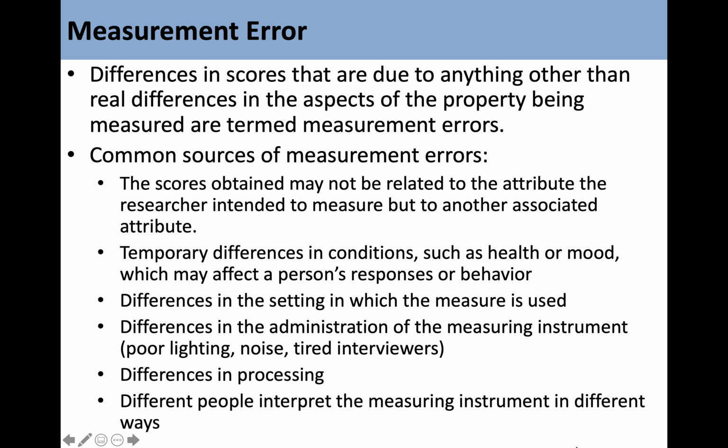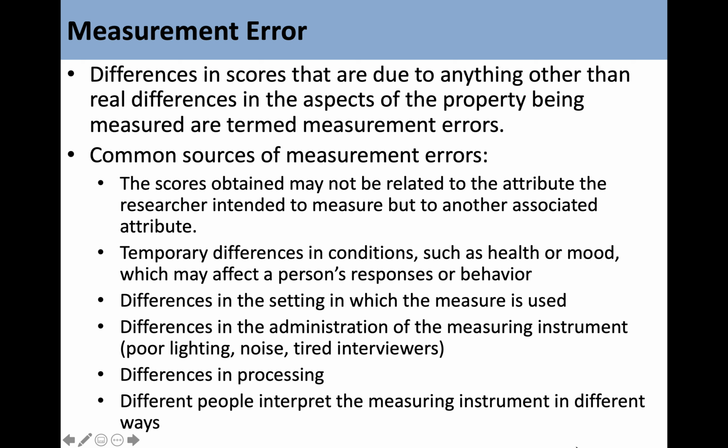Differences in scores that are due to anything other than real differences in the aspects of the property being measured are termed measurement errors. Common sources of measurement errors: the scores obtained may not be related to the attribute the researcher intended to measure, but to another associated attribute.